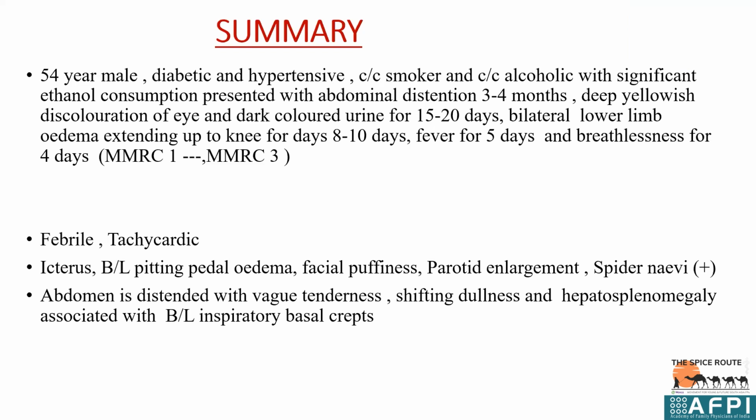Liver cell failure signs like parotid enlargement and spider nevi are there, sir, with jaundice. Okay. Abdominal distension with spider nevi suggests cirrhosis, sir. Spider nevi suggest liver cell failure, sir. Okay.